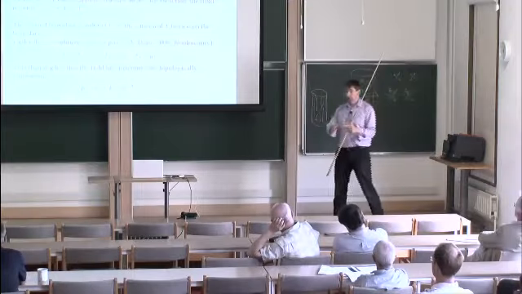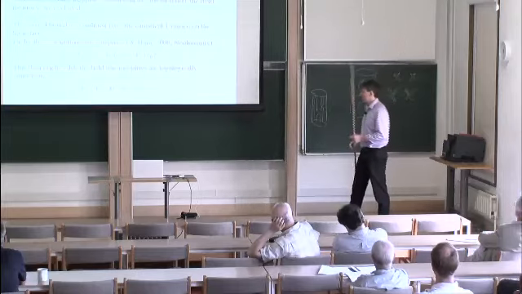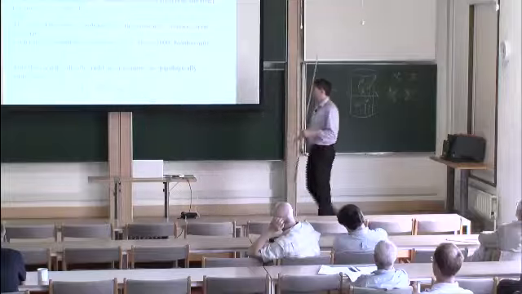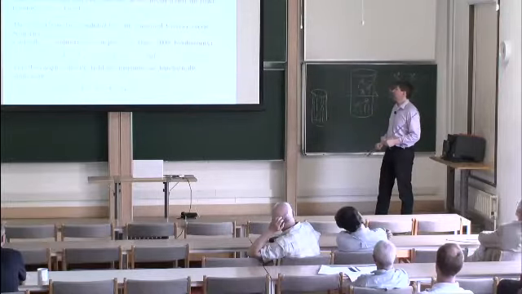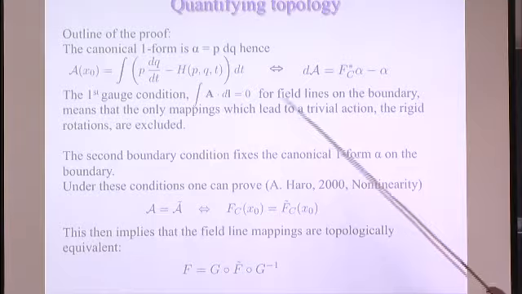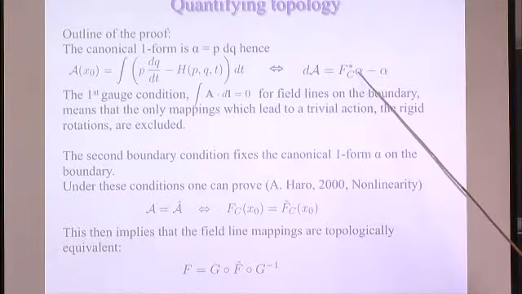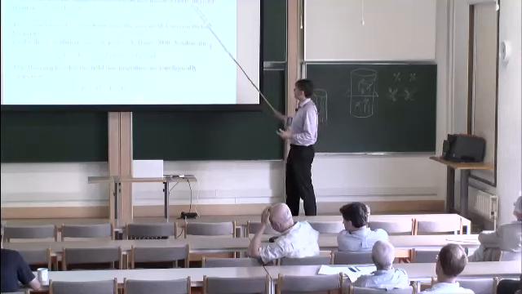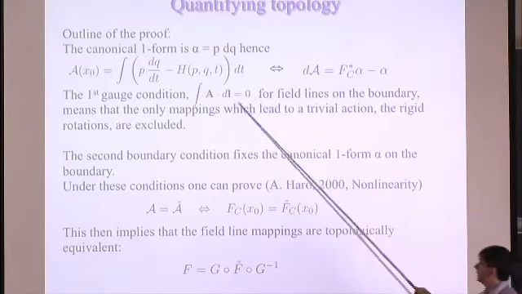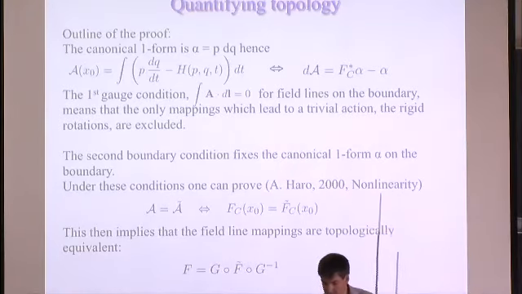So there has to exist some isotopy G which maps one to the other, or in other words, they are topologically equivalent. The first gauge condition ensures that the only non-trivial mappings which would leave the one form invariant, namely rigid rotations, are excluded. So this condition is necessary for that.